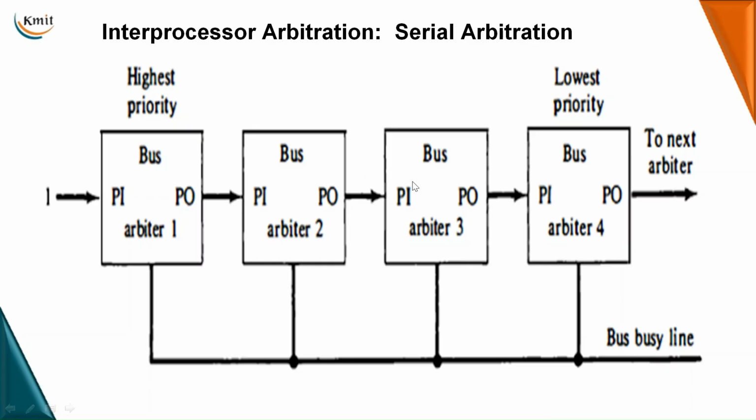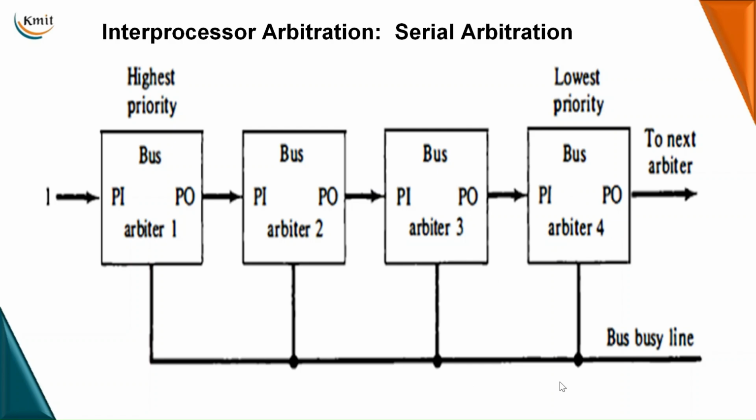But when there is a request from more than one processor at the same point of time, it depends upon their priority. Say arbiter 2 and arbiter 4 request the use of the bus at the same time. Since arbiter 2 is a higher priority compared to arbiter 4, this processor is given access to the bus.